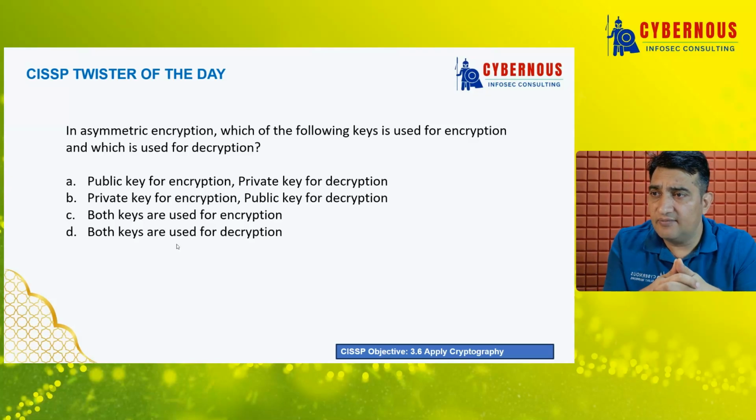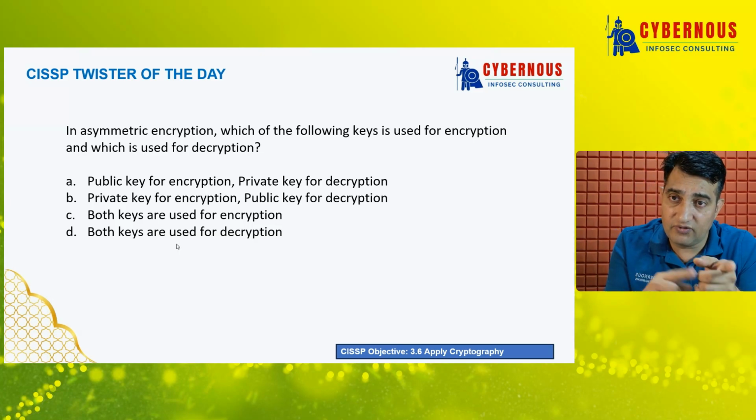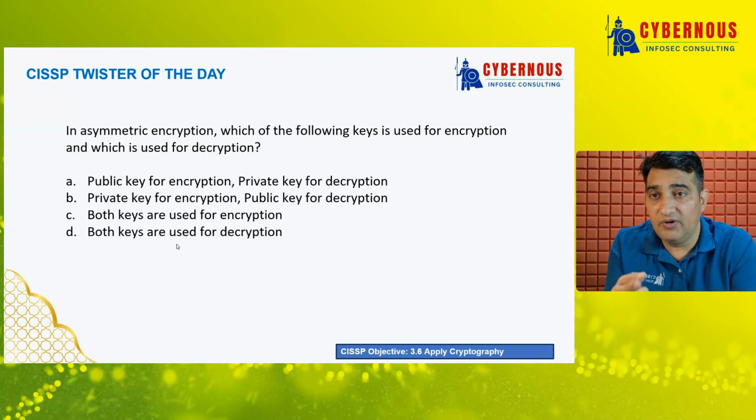Option C is both keys are used for encryption, not at all. Both the keys are not used for encryption only. One is meant for decryption, one is meant for encryption. Whenever we want to encrypt, we use the receiver's public key, and whenever we want to decrypt, we use our own private key to decrypt the message. Then option D is both keys are used for decryption, not at all.